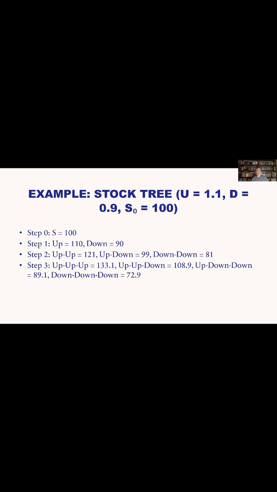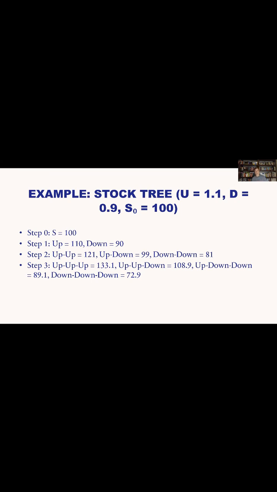So if I look at 100, and it goes up to the next forward node, I multiply by 1.1, and that gives me 110. If it goes down to the down node, I multiply by 0.9, and that gives me 90. For the next set of forward nodes, if I go up, up, I take the 110 and multiply by 1.1 again, and that gives me 121. If I go up and then down, I take the 110 and multiply by 0.9 to get 99.